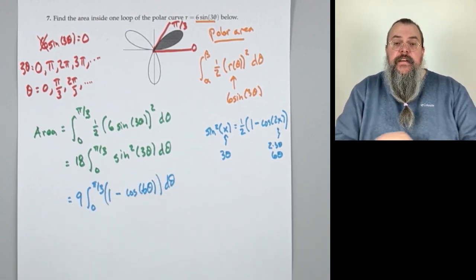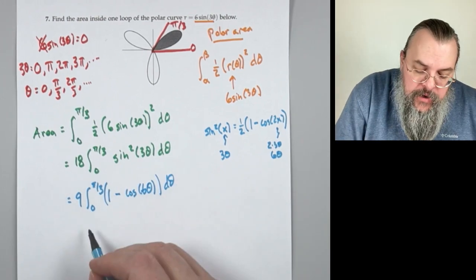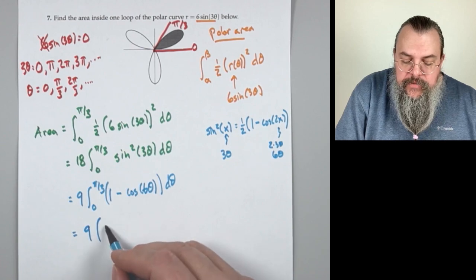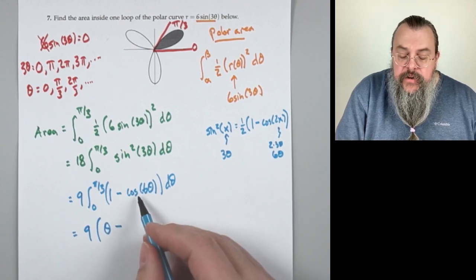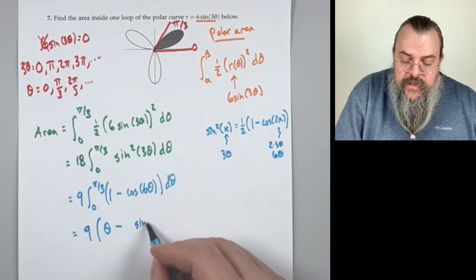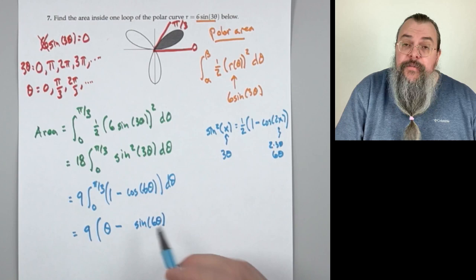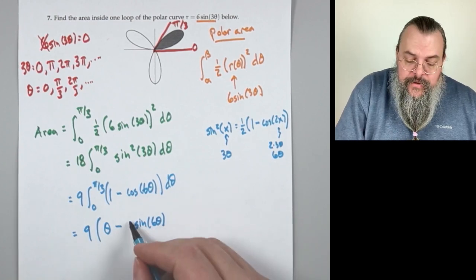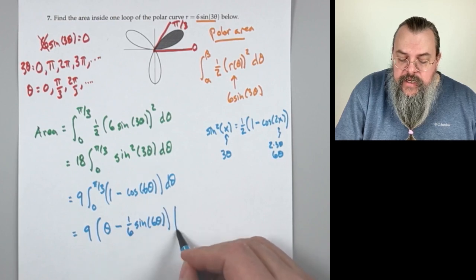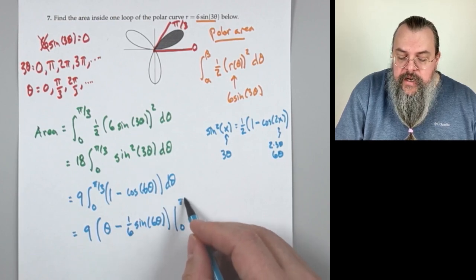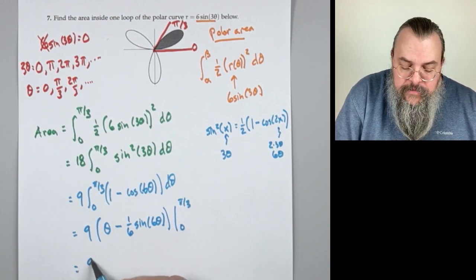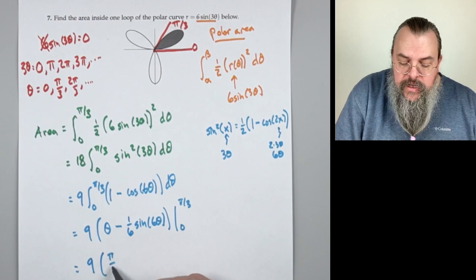Okay, so we can now integrate. So we have a 9 in the front. We'll have theta. And then the integral of cosine is positive sine. And so positive sine 6 theta. But we have to account for the 6, so that becomes 1 over 6. And evaluate 0 to pi over 3. All right, so we'll have 9 pi over 3.